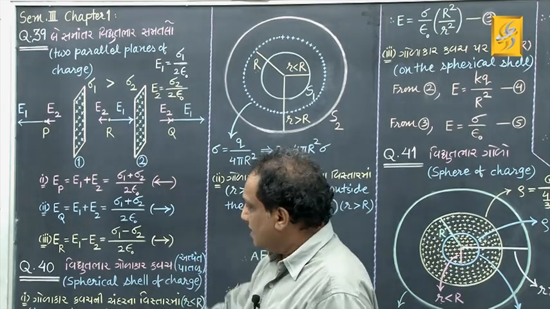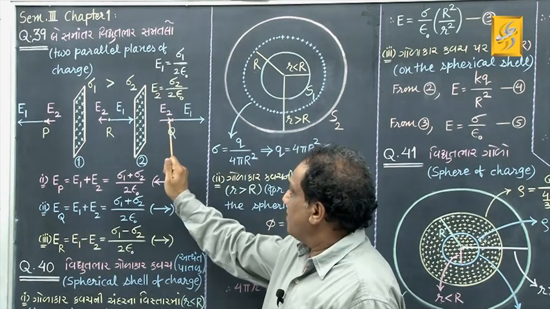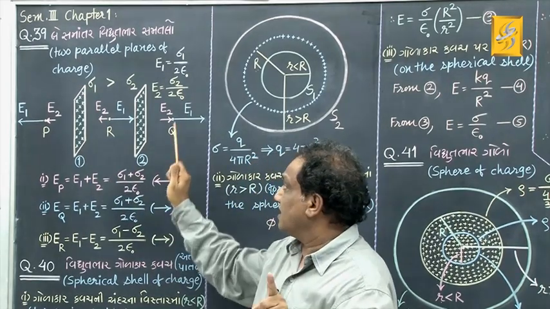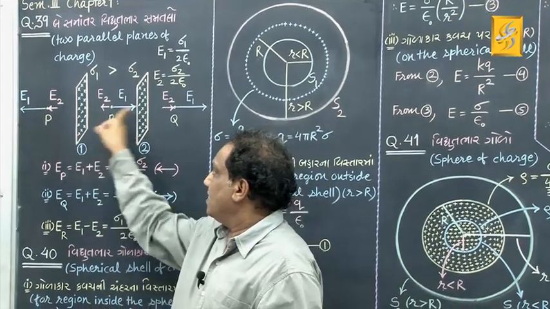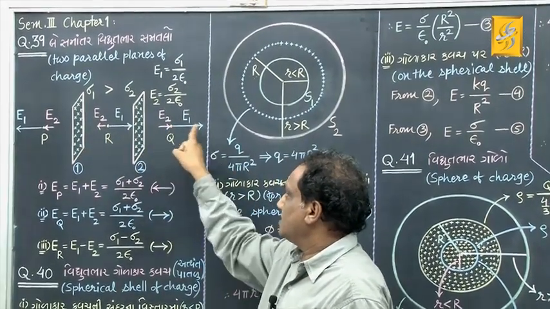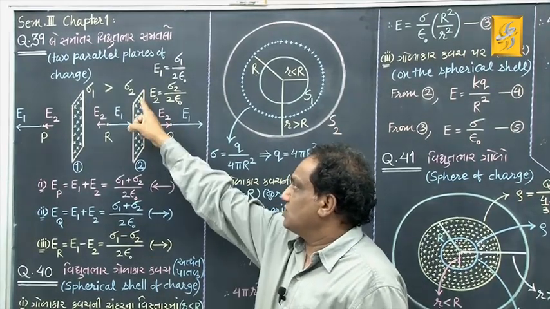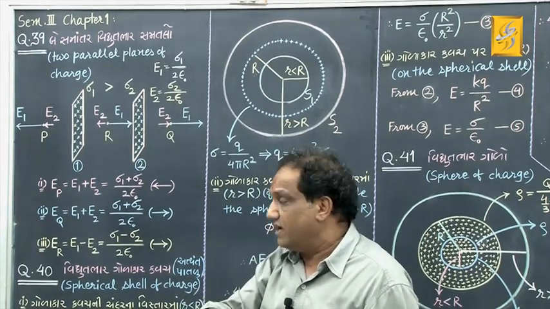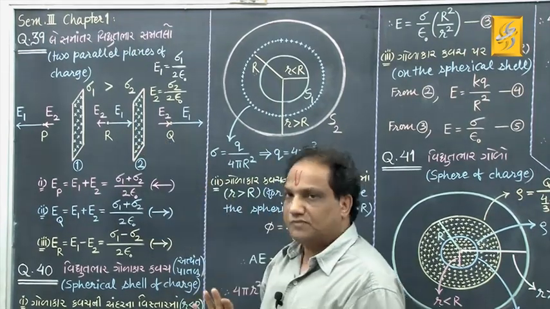Okay. Let us find out now resultant electric field at point Q. At point Q, due to this first plane, the direction of electric field is perpendicular and away from this plane, so it must be this way, towards right hand side. Similarly, at the same point, due to second plane also, direction of electric field is perpendicular and away, and that is E2, correct?